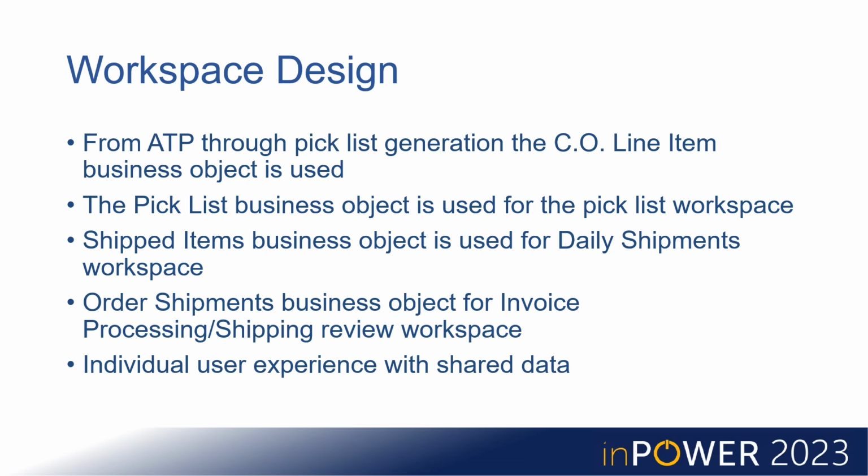And then your pick list screen workspace uses pick list item, and your daily shipments and your accounting screen used ship items. So they all use the same chunks of data through each step of the process. It's just tailored specifically to that user group's needs.